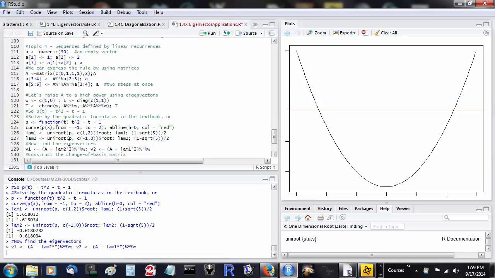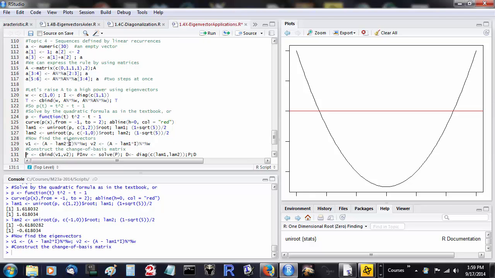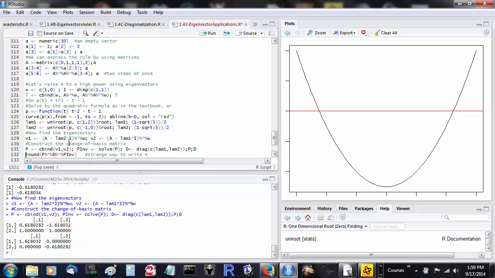In the usual way, I find the corresponding eigenvectors. In the usual way, I construct this matrix P, the change of basis matrix, with P made out of the eigenvectors, V being its inverse, and D being the diagonal matrix whose two entries are the eigenvalues lambda 1 and lambda 2.